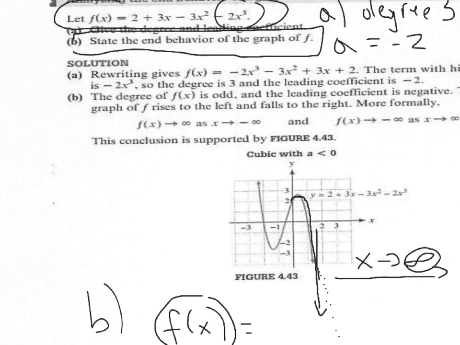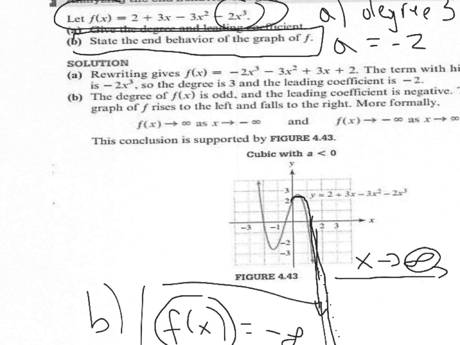So when x gets bigger, what is happening to the y value? Is it getting bigger or smaller? Well, the answer is it's getting smaller because you go down. Therefore, the answer is -infinity. So how do we read this? When x approaches positive infinity, when x gets bigger and bigger, the y value gets smaller.